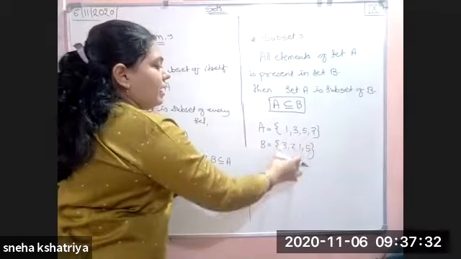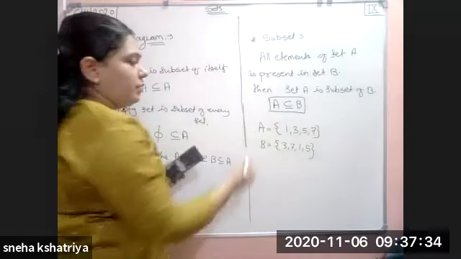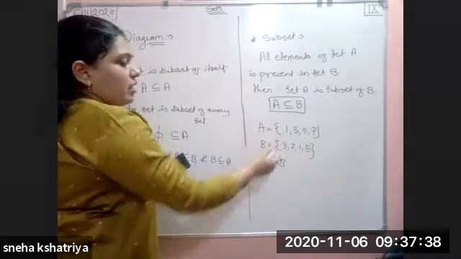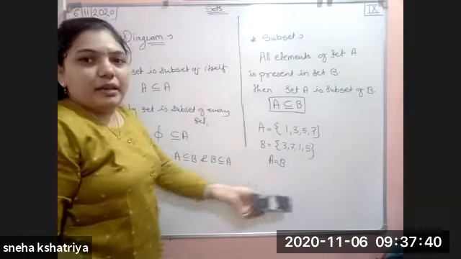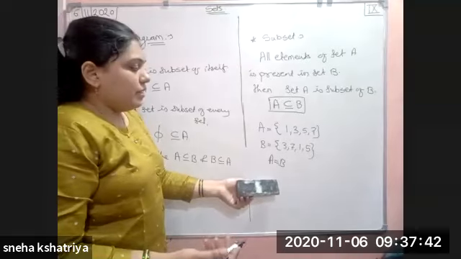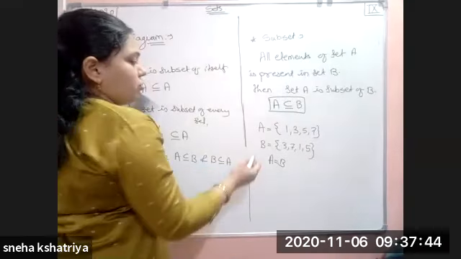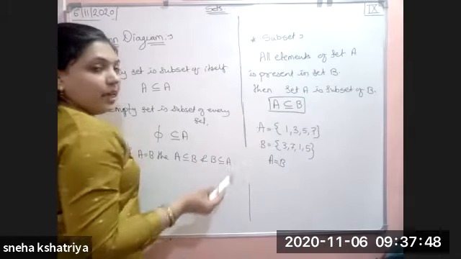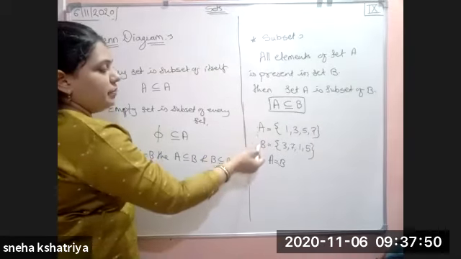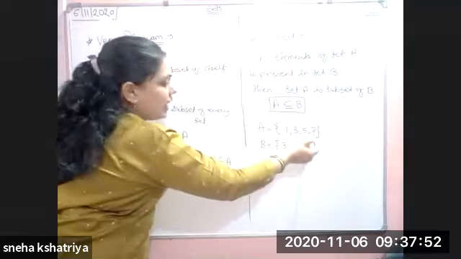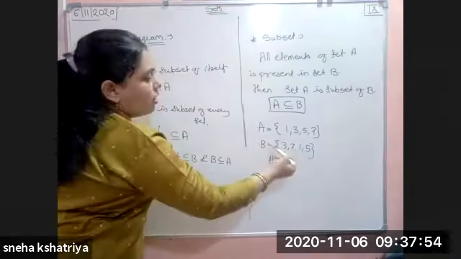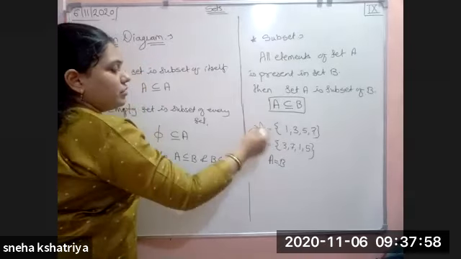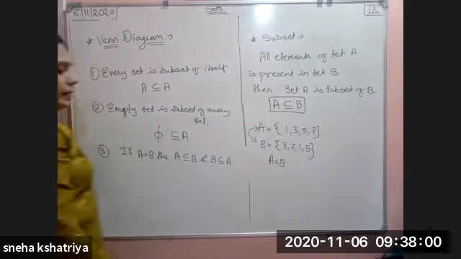But whatever the elements are, they are the same. It means A is equal to B, because position might change but the elements are the same. So we can say that A is a subset of B and B is a subset of A, because all the elements in A are present in B and all the elements in B are present in A.